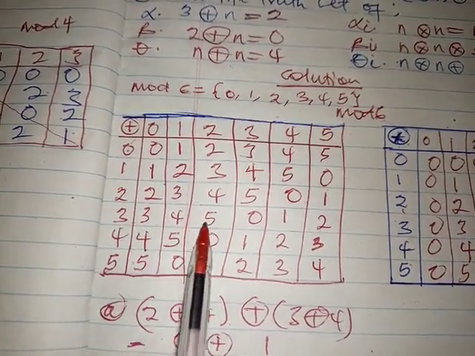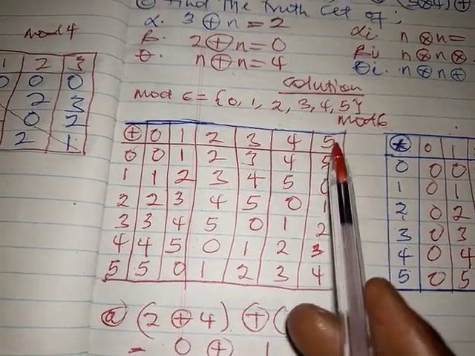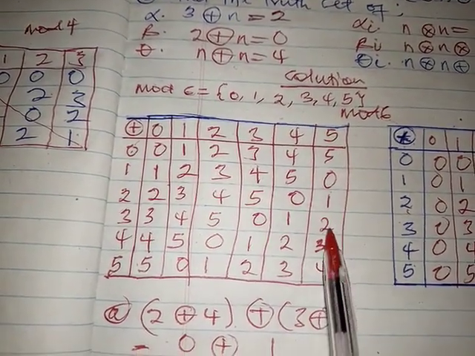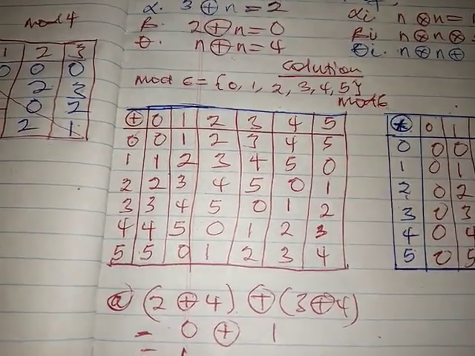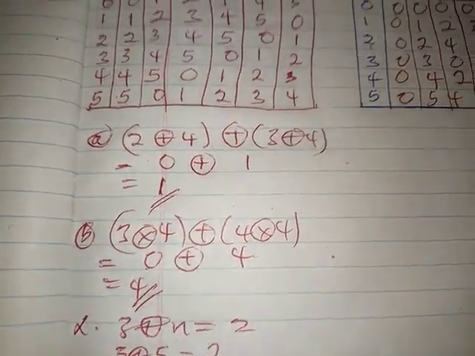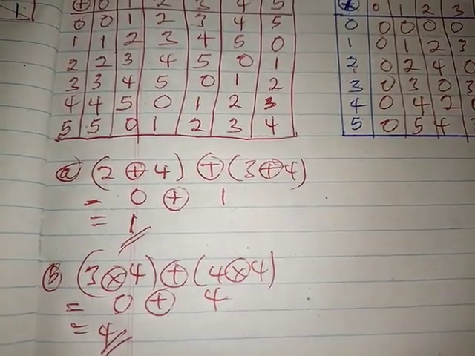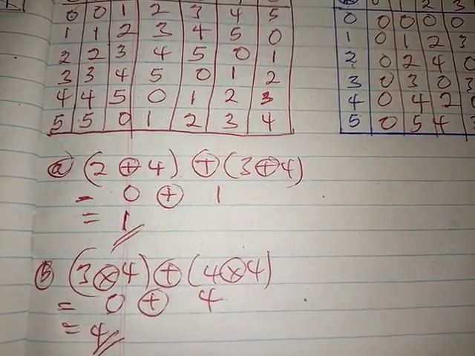On this line, 2 can be seen here. So 3 plus what number gave you 2? 3 plus this number gave you 2. So you see that 3 plus 5 is equal to 2. So therefore, the question says find a truth set. So n is such that n is equal to 5.